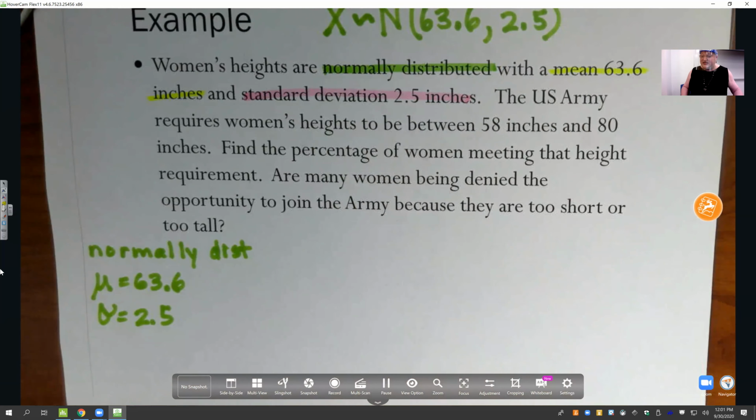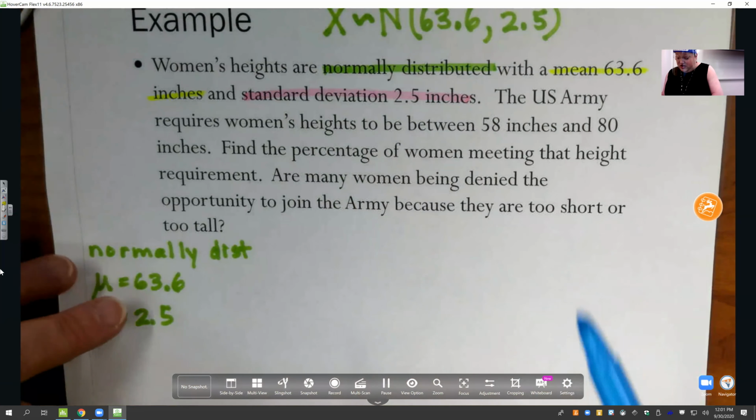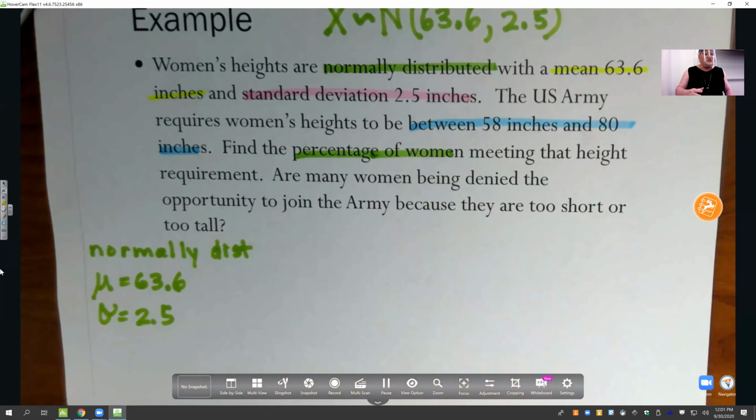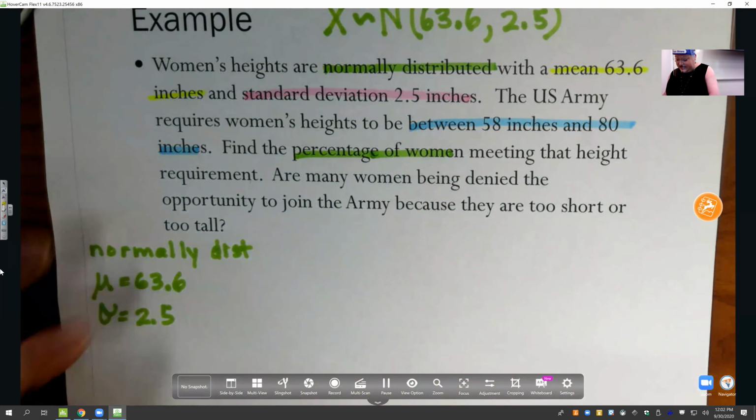Continue reading, and it says, the U.S. Army requires women to be between 58 and 80 inches. Find the percentage of women. Okay, so this one uses the word percentage as opposed to probability, but I already told you that was a synonym. Okay, so let's see if we can sketch us a picture here. Horizontal axis, bell-shaped curve.